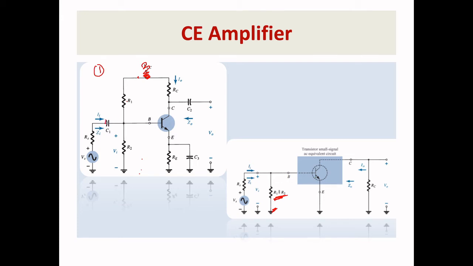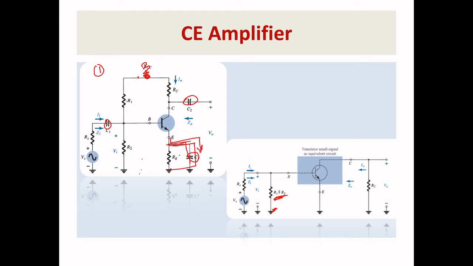Then this capacitor all will become short circuited. When you short circuit here, you can see the RE was short circuited. That means the current will flow only through the low resistance path, so it will not flow through this RE. So RE is useless to represent here, no need to represent this RE, because during the AC analysis the current will take only the low resistance path, so the capacitance only will offer the low resistance compared to this RE.